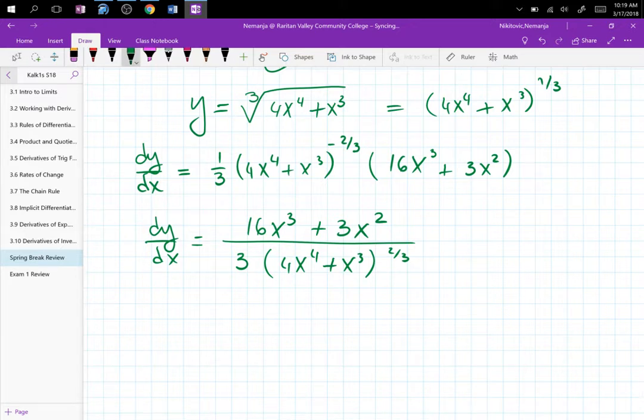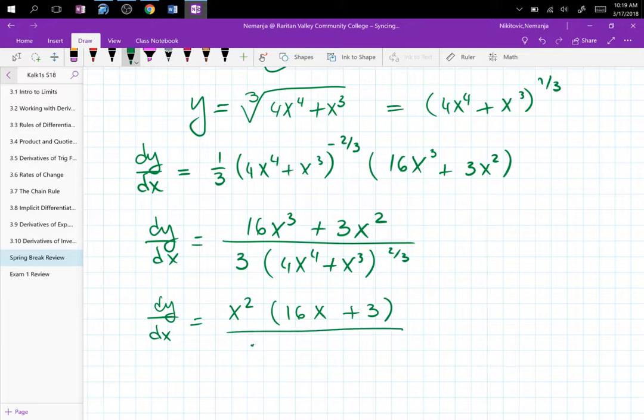So now what can I do? dy dx is equal to 16, no, first I'm going to kick out x squared and leave it with 16x plus 3 divided by 3, and over here I have x cubed that I can kick out, 4x plus 1, everything to the 2/3.